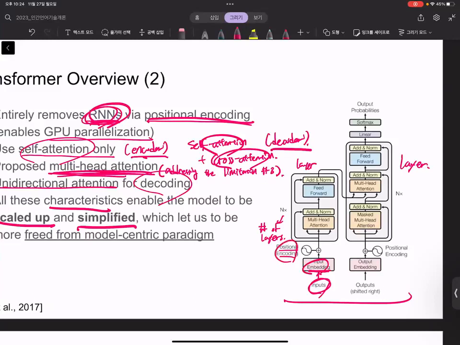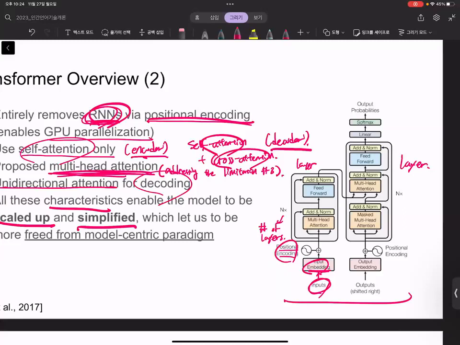The positional encoding is some kind of noise. But nowadays, we do not use the positional encoding. Anyway, back then, they used positional encoding to process the input embedding.